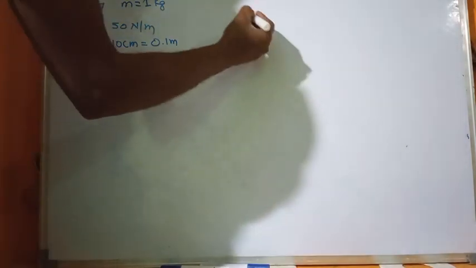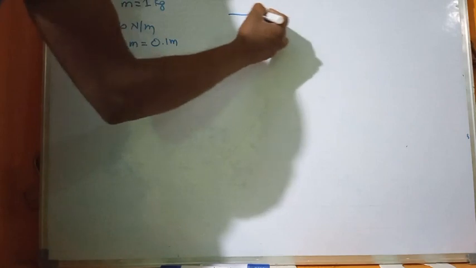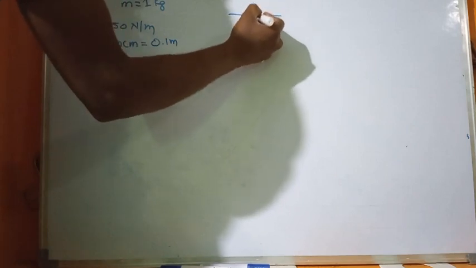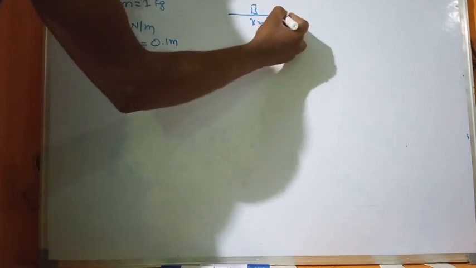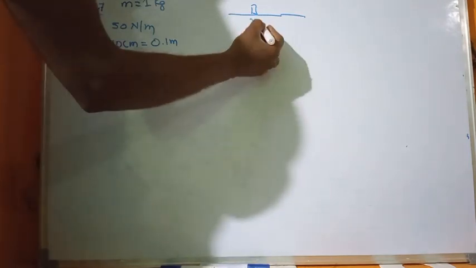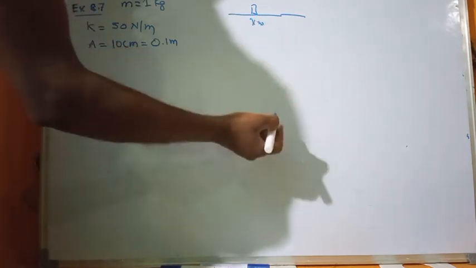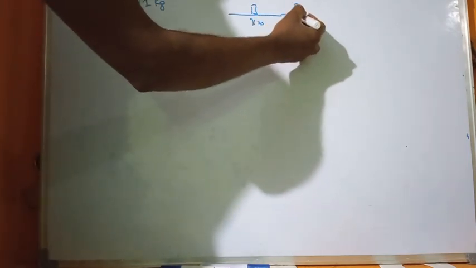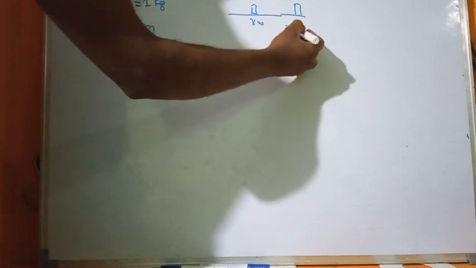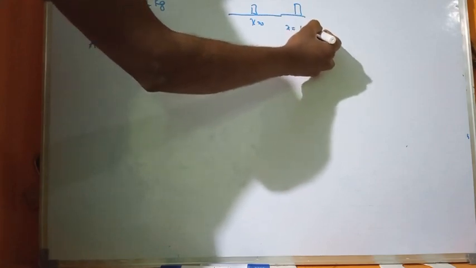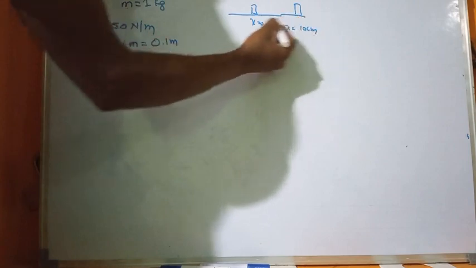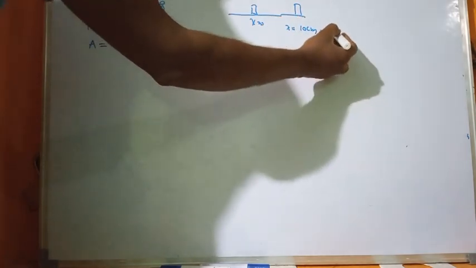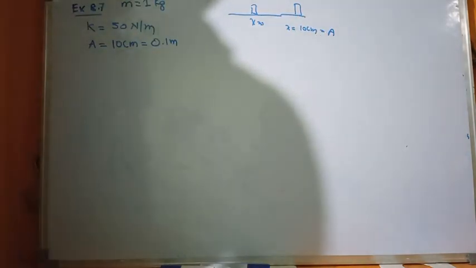Suppose this is our spring and block system. This is our equilibrium position, x is equal to 0, and the maximum displacement is also given, that is x is equal to 10 centimeters. This is our maximum displacement, which is called the amplitude, a.